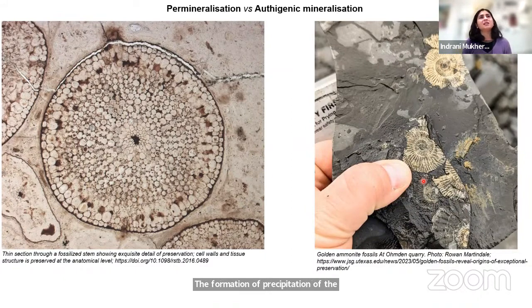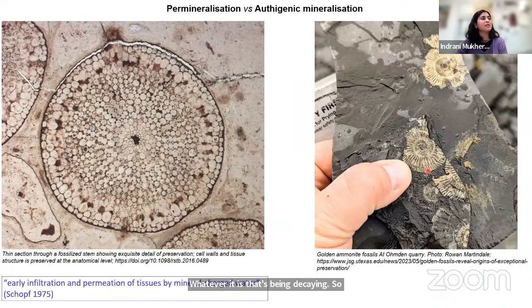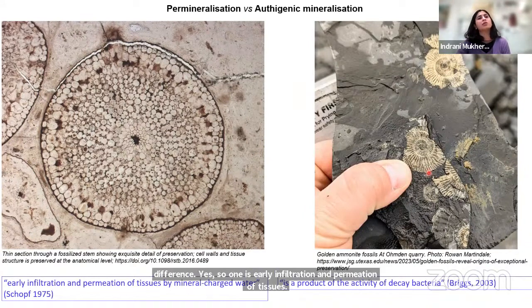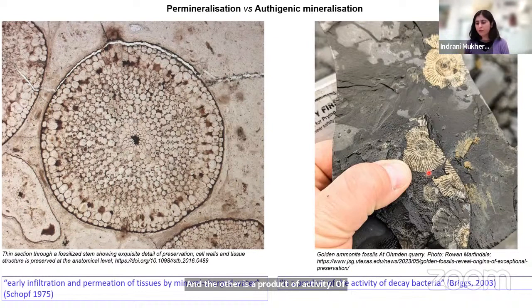So in this case, the decay actually helps with the mineral precipitation, and that mineral then replaces whatever it is that's been decaying. So there are two main differences here. One is early infiltration and permeation of tissues, and the other is a product of activity of decay bacteria. So they're two different things.